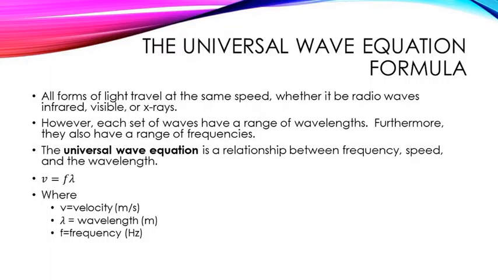The universal wave equation is a relationship between the frequency, speed, and the wavelength. The formula is V equals F lambda, where V equals the velocity in meters per second, lambda equals the wavelength in meters, and F equals the frequency in hertz.